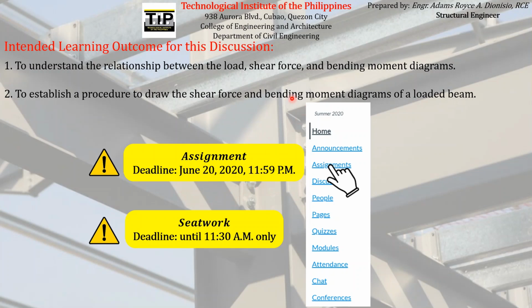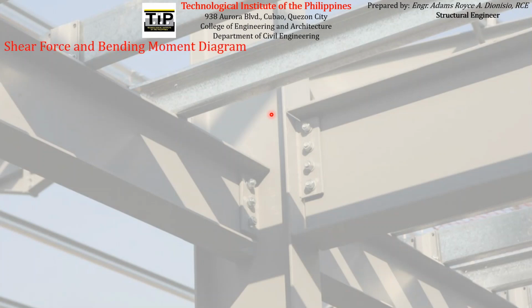So now let's move on to address our first goal, which is to understand the relationship between the load, shear force, and bending moment diagrams. To explain the relationship between the load diagram, the shear force diagram, and the bending moment diagram, say for example, I have here a beam that is simply supported.